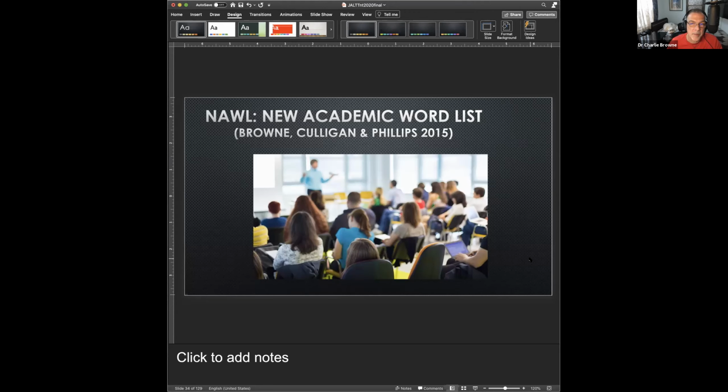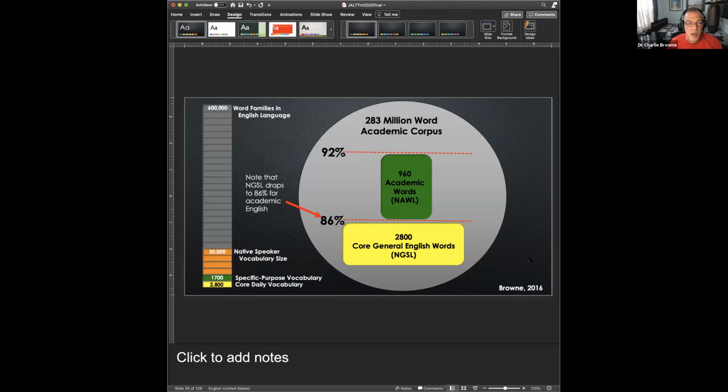There are other academic word lists out there, and all of them are very good, but we designed our own because we wanted it to fit perfectly with the new general service list. So there's no overlap at all with the new general service list, and these are the next most frequent words that you need to learn for academic settings. If you learn 960 academic words along with the 2800 NGSL words, you get 92% coverage of academic English.